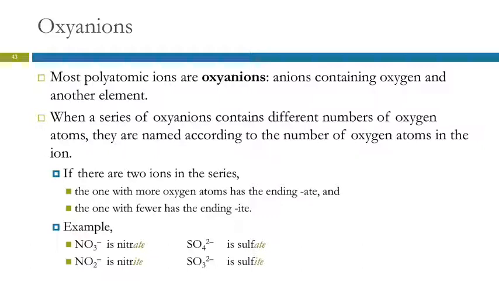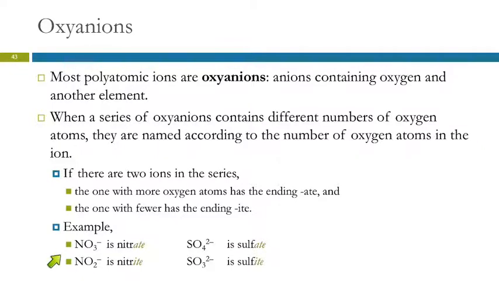So when there are two or more ions in a series, we use the endings to indicate the numbers of oxygens. So the one with more oxygens ends in ate, the one with fewer ends in ite. So examples here are nitrate and nitrite.